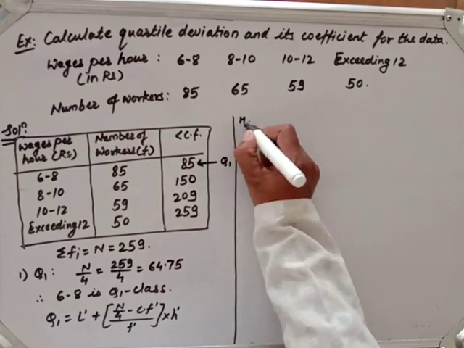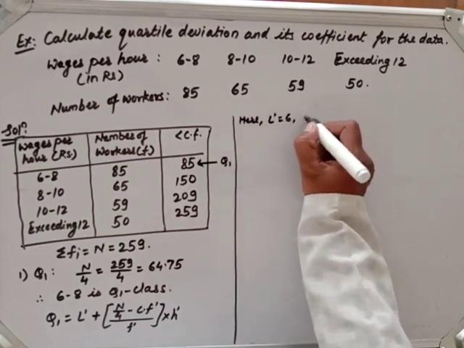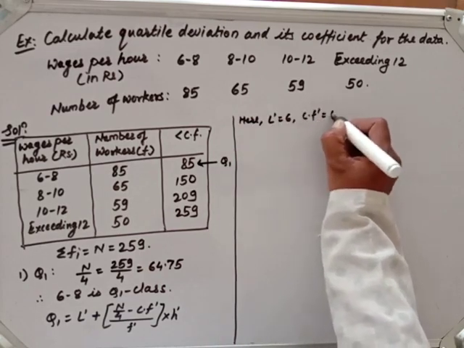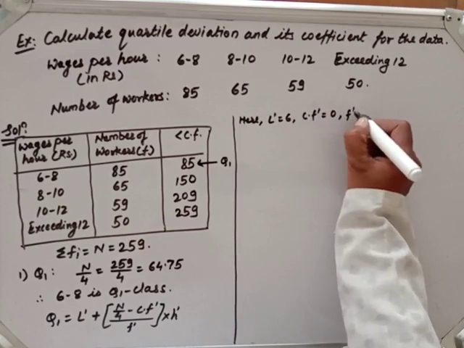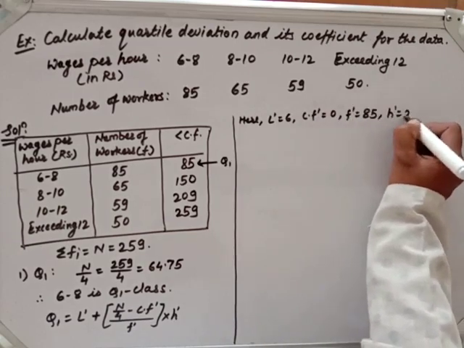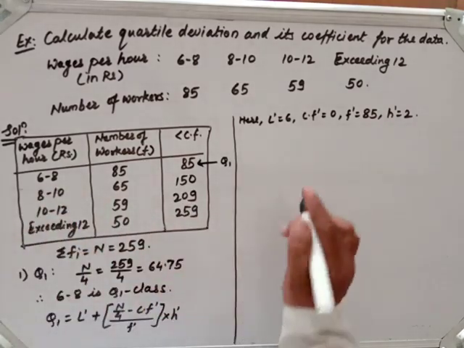Fine. So now let me write these values. L' is 6. N by 4 we have. Cf' is 0. F' is 85. And H' is 2. The class width is 2, these are continuous classes.